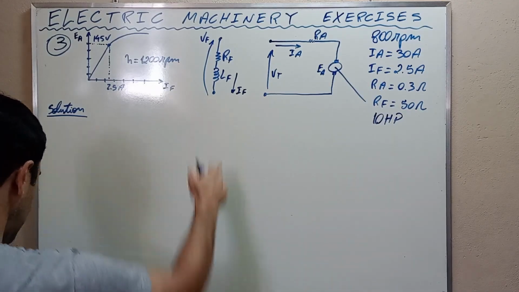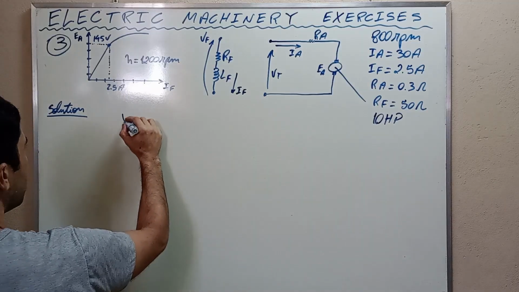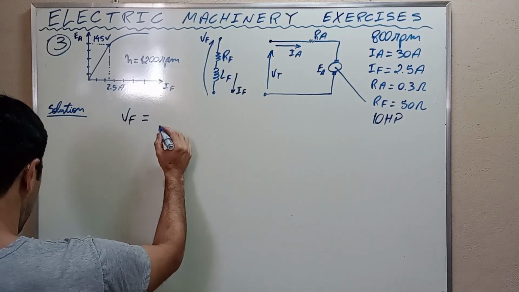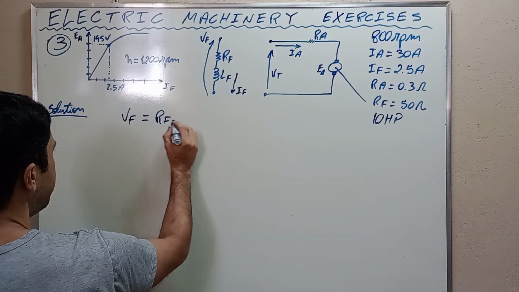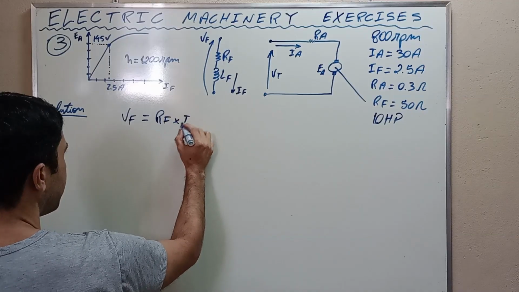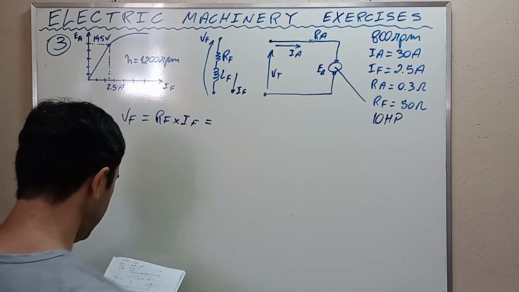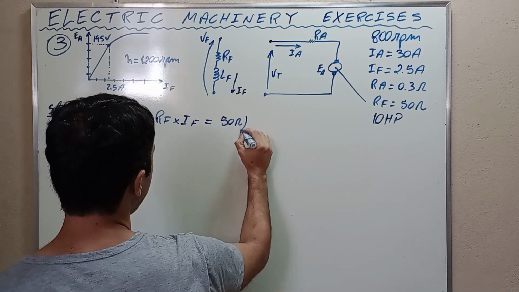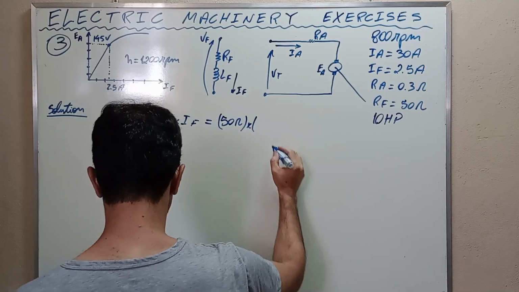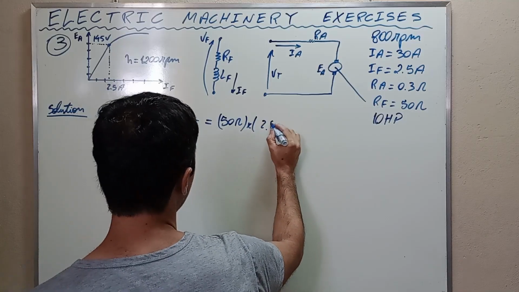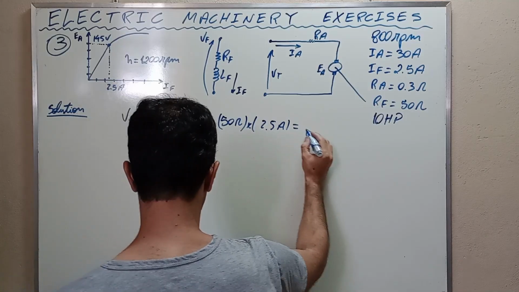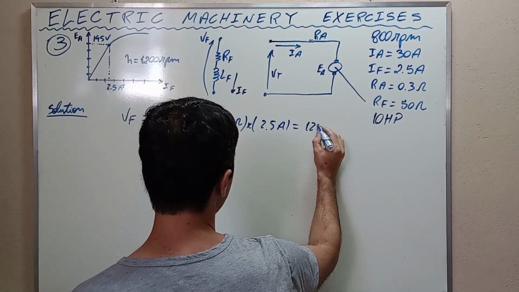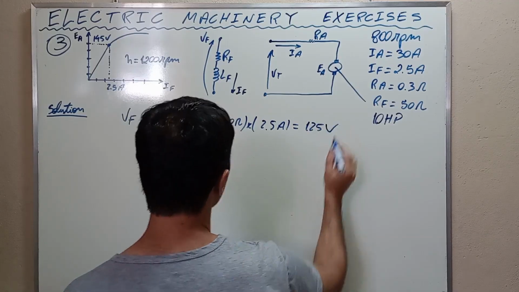All right, VF is equal to RF times IF, and this is equal to 50 ohms times 2.5 amps, and this is equal to 125 volts.